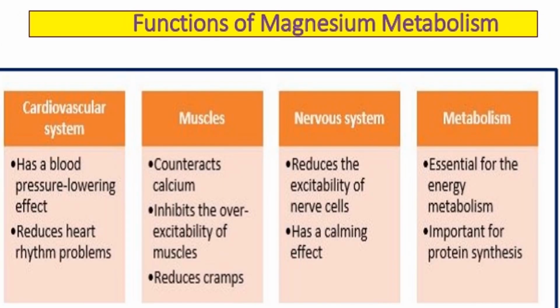Now here we see the effect of magnesium on individual organs and systems. As far as the cardiovascular system is concerned, it has a blood pressure lowering effect, and it also reduces heart rhythm problems.